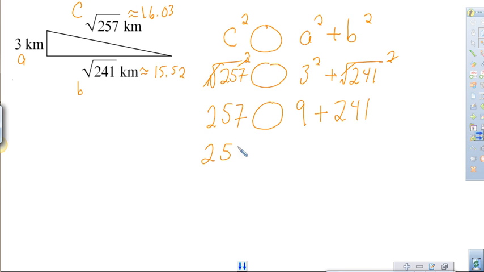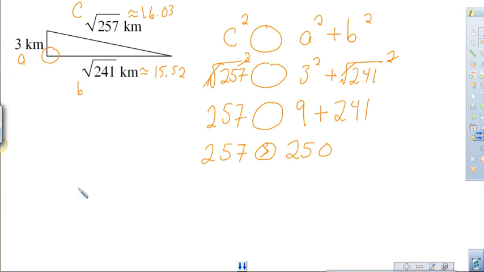Then we're just going to add these guys together, which gives us 250. And now you need to compare these two numbers. Which one is bigger? Are they equal? In this case, the number on the left is greater than. Since it's greater than, this angle is an obtuse angle.